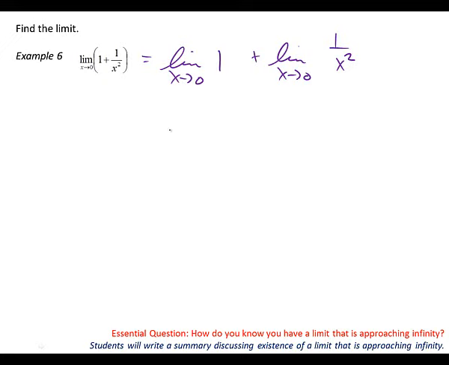All right. So what's the limit of this first chunk right here? It has to be 1, right? No matter what I plug in there, I still get a 1. Okay? Unfortunately, I can't plug the 0 into this thing.